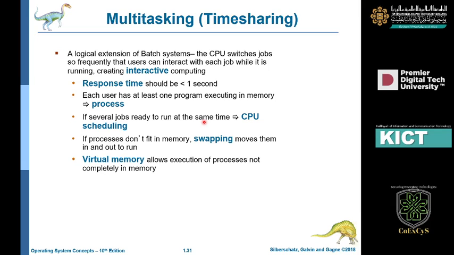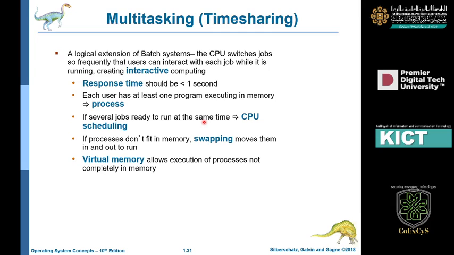It does time sharing: instead of letting a program run until something finishes, it keeps switching jobs through a CPU scheduler, doing CPU scheduling instead of job scheduling. The CPU scheduler swaps running jobs in and out of memory.